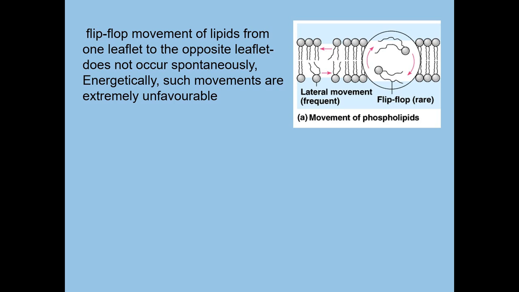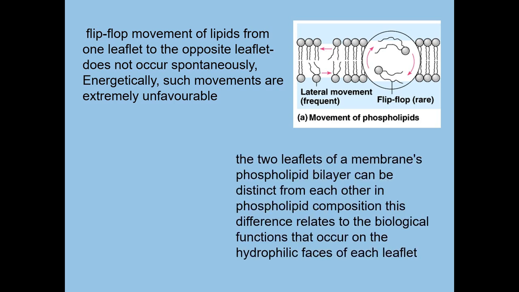Energetically, such movements are extremely unfavorable because the polar head of a phospholipid would have to be transported through the hydrophobic interior. Because movement in the 3rd dimension is limited, the 2 leaflets of a membrane phospholipid bilayer can be distinct from each other in phospholipid composition. This difference relates to biological functions that occur on each surface of the leaflet.